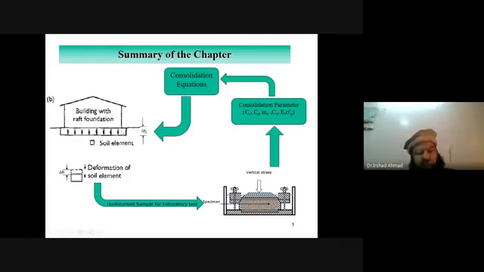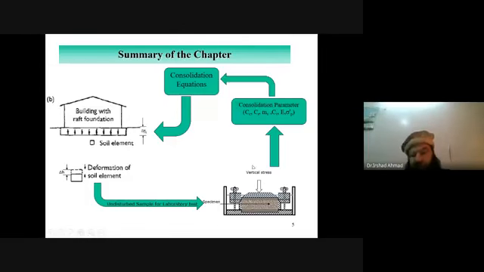In order to find out this value, what we do, we take a soil specimen from the body of the consolidating soil layer. How will we take it? We will drill a borehole and take an undisturbed soil specimen, right? And we then transport this undisturbed specimen to the laboratory.